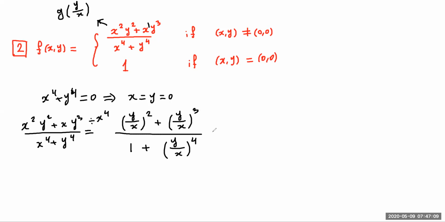So now this is my function f(x, y) for (x, y) different from (0, 0).